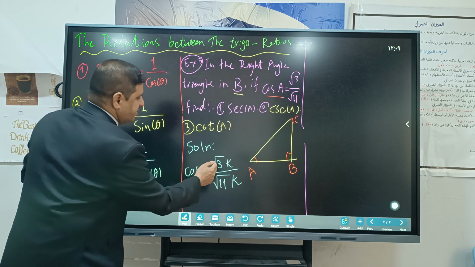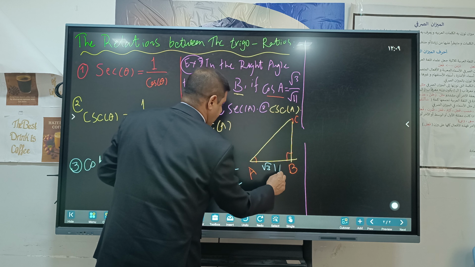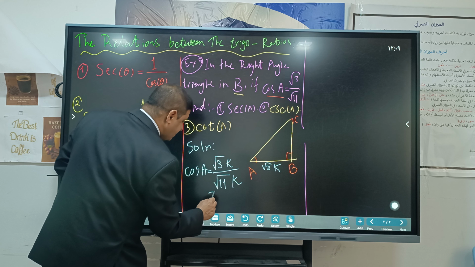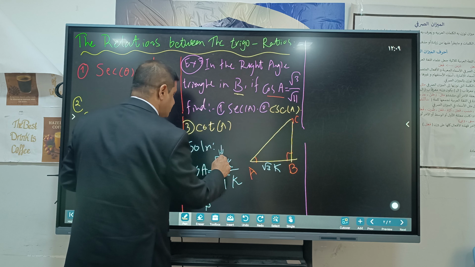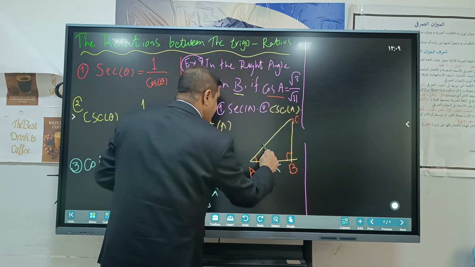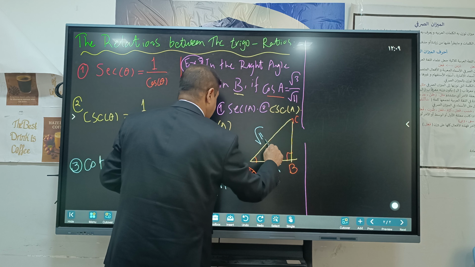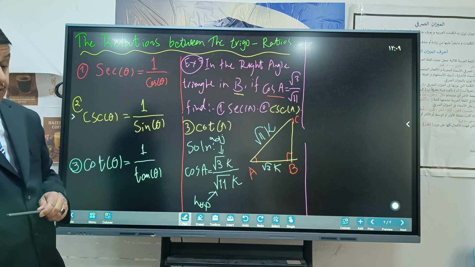I mean, this is the adjacent. Here is square root of 3k. And this is the hypotenuse. This is the adjacent. Here is square root of 11k. Okay, dear students?